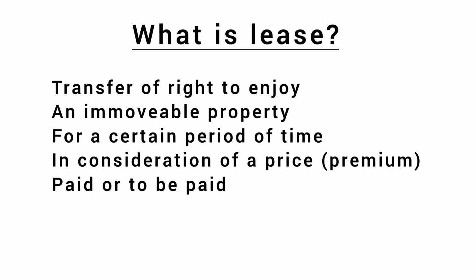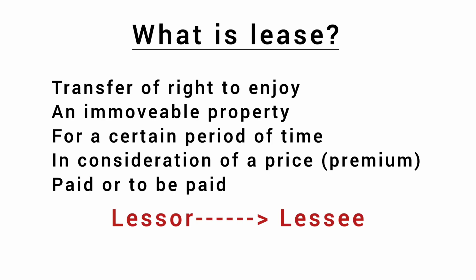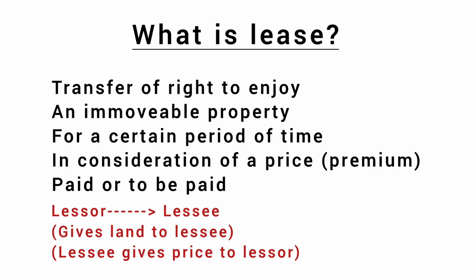There are two parties in a lease: the person who is transferring the property, the transferor, whom here we shall call the lessor, and the person to whom the property is transferred, whom we generally know as the transferee, and here in lease we shall call the lessee. In this scenario, the lessor gives you the land and the lessee gives you the price.